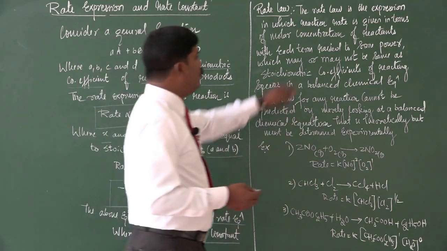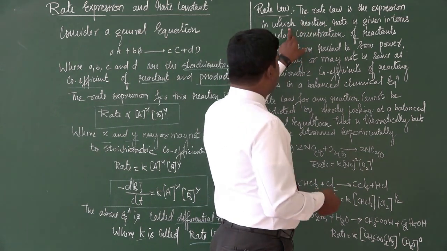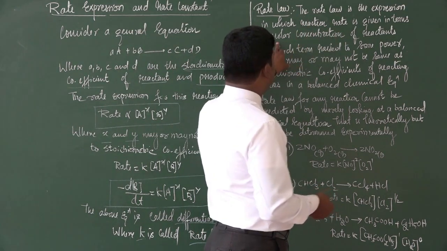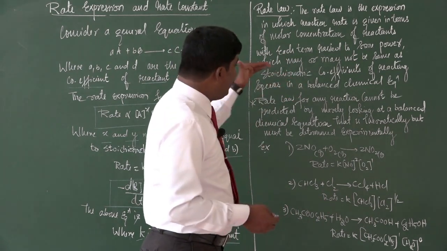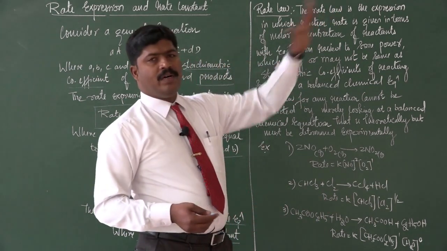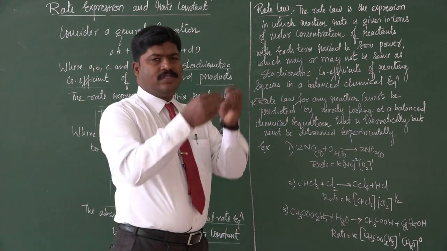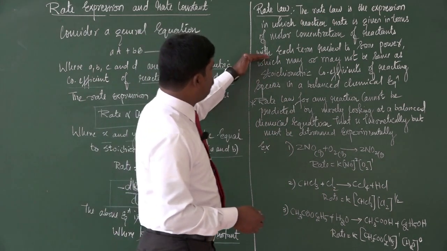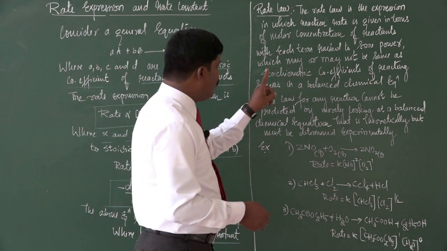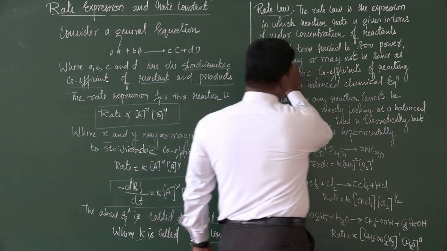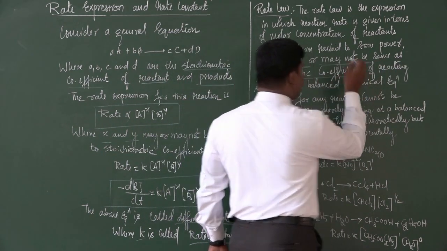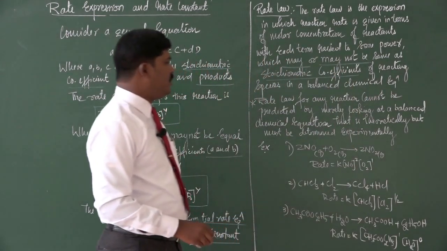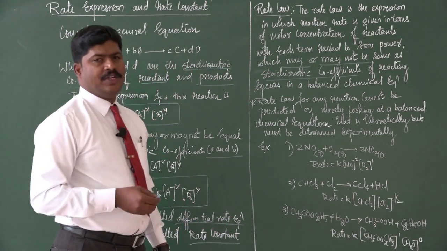The rate law is the expression in which the reaction rate is given in terms of molar concentration of a reactant, with each term raised to some power, which may or may not be the same as the stoichiometric coefficients of reacting species in a balanced chemical equation.